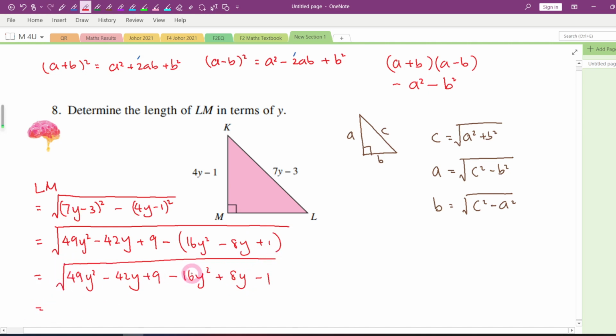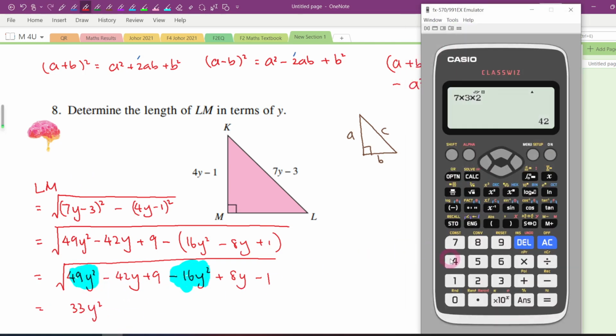Now look for like terms. These two. You see, I highlight together with the negative sign. So this will be 33y squared. If the number is a little bit big, you can just press your calculator. 49 minus 16. Okay, 33.